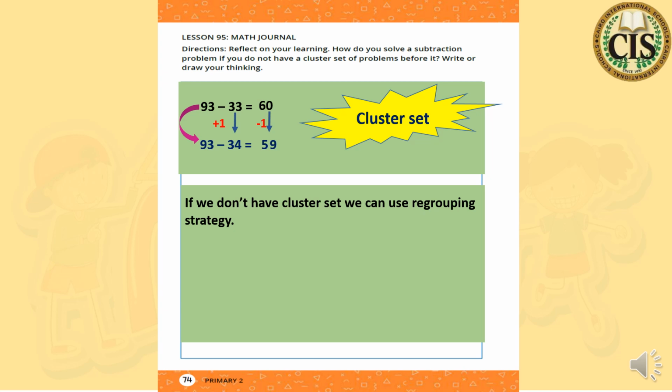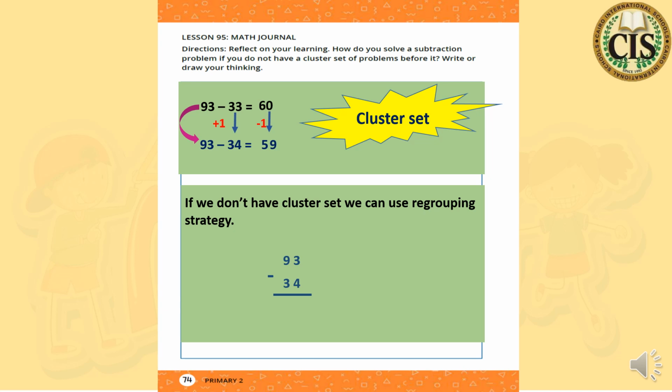Now we can solve the equation using cluster set. If we don't have a cluster set, we can use the regrouping strategy. 93 minus 34 equals what? Ones with ones, tens with tens. 3 minus 4. Do we have more on the top? No. So we will regroup and we will take 1 ten.